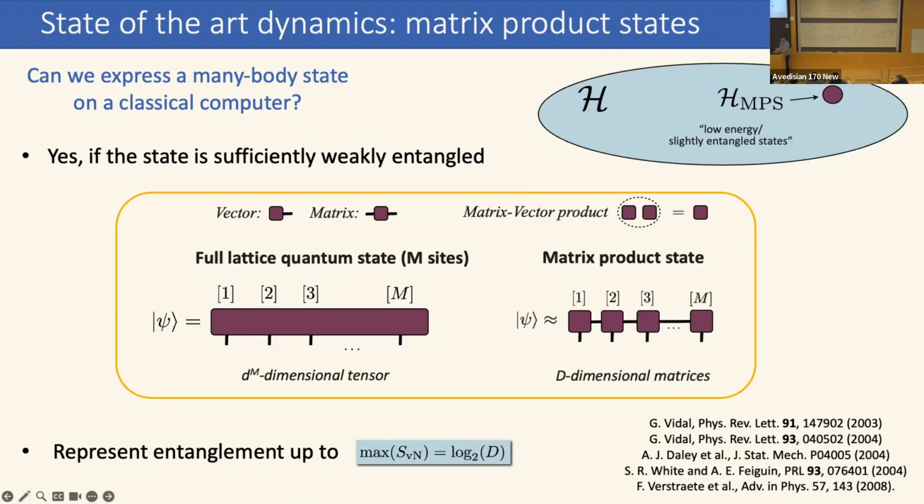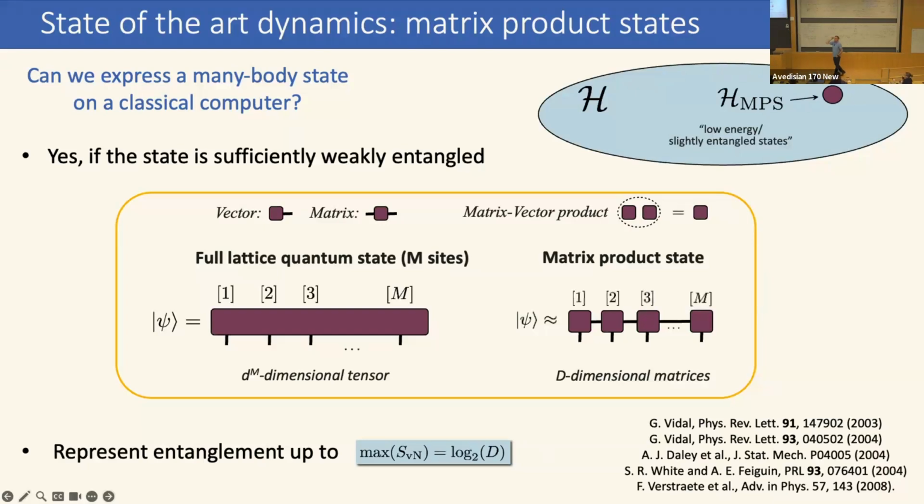But what that means is that if we get a significant von Neumann entropy, the dimension of the matrices has to increase. This doesn't tell us necessarily that if we have a sufficiently low von Neumann entropy, we'll have an efficient representation in terms of matrix product states.